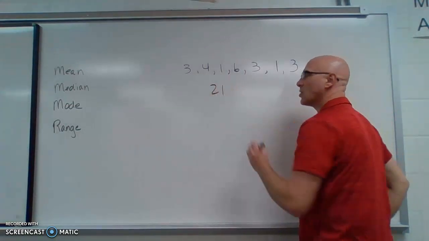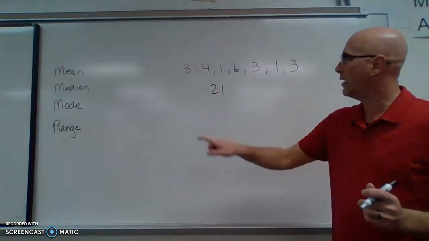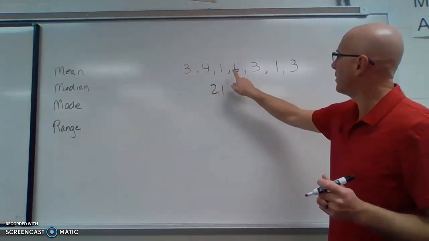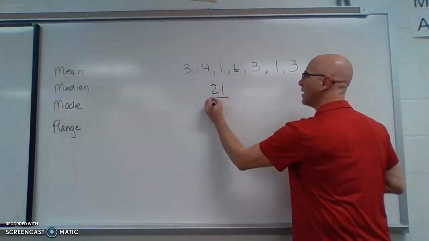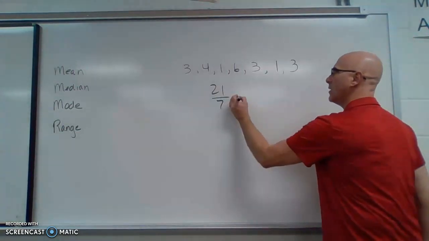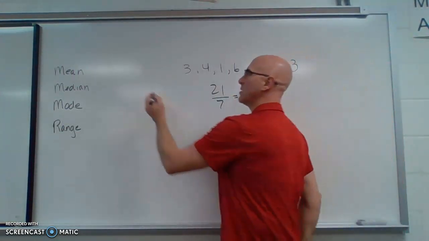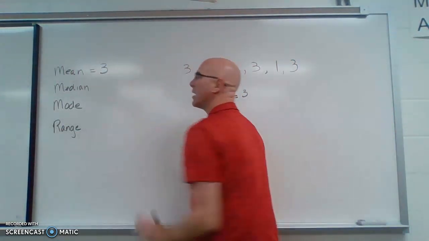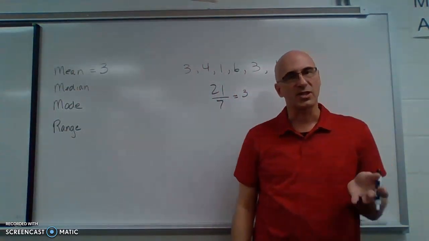So I have a total of 21, and I have 1, 2, 3, 4, 5, 6, 7 items. If I do 21 divided by 7, I get 3. So we can say that our mean, our average, is 3.